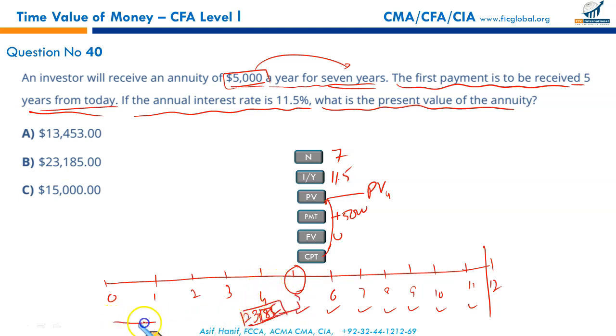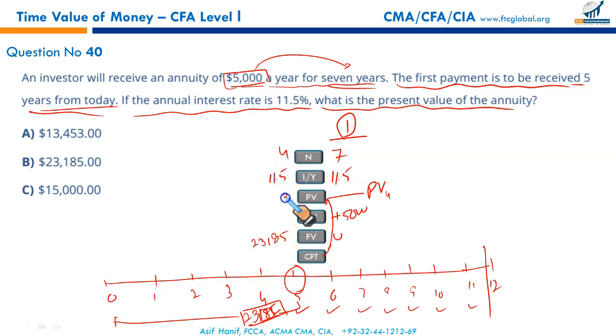Now we have to discount it back to year 0. In the first step, we discounted these 7 payments to the end of year 4. This amount at the end of year 4 is now the future value. 23,185 will be the future value to be discounted in present terms, and there are 4 periods, 4 till 0, interest rate is the same.